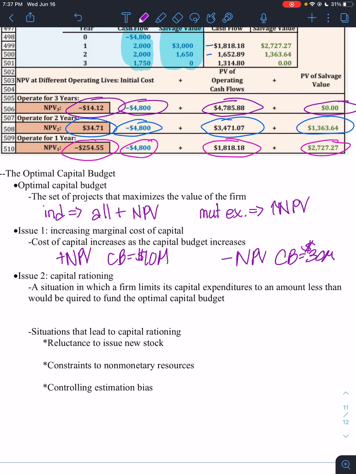So it says a situation in which the firm limits its capital expenditures to an amount less than would be, that should say required, not acquired, to fund the optimal capital budget. They purposely limit the budget, which is like the exact opposite of what the optimal capital budget is supposed to be, right? Optimal capital budget says take all the positive NPV projects.